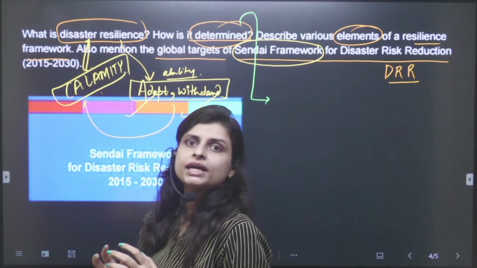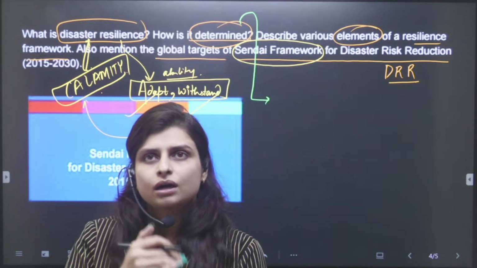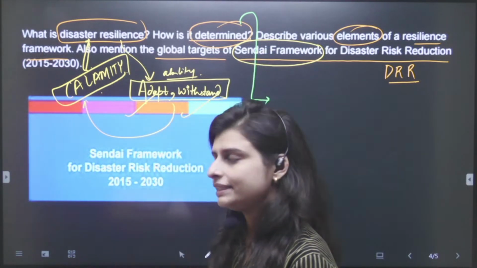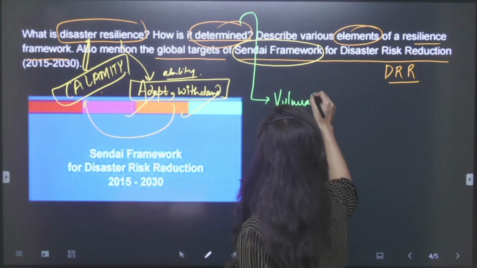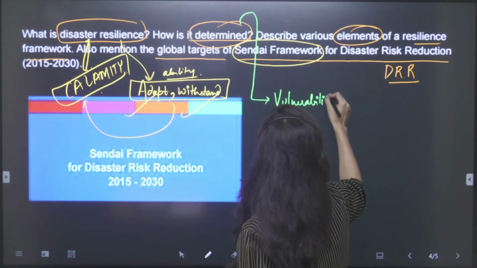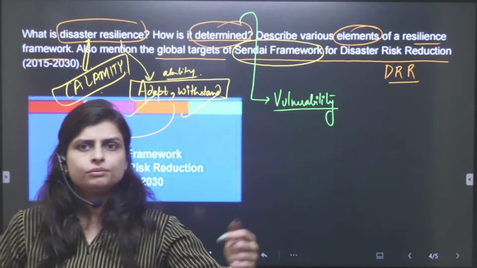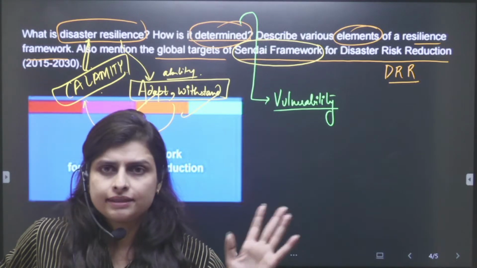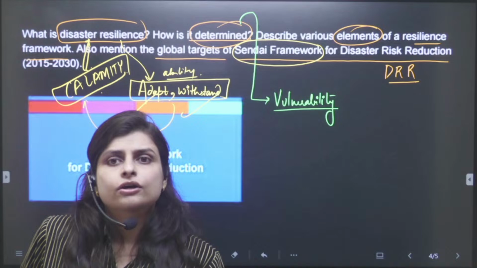We need to check the areas. We need to check the areas as in what? That means what is the vulnerability of the regions? For example, I told you about floods in Mumbai and Chennai area, right? Then we witness landslides in the area of Uttarakhand.